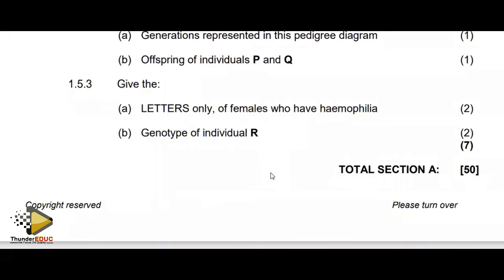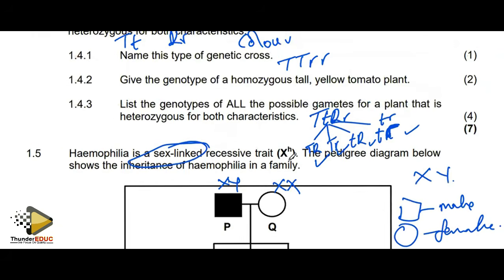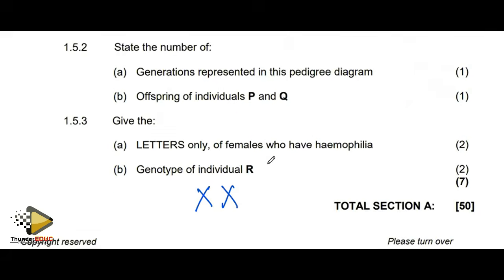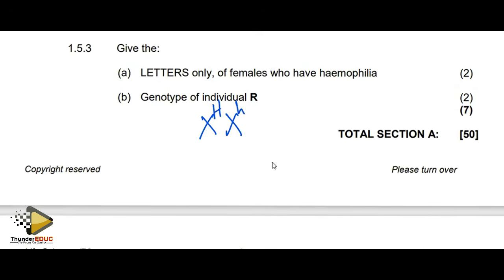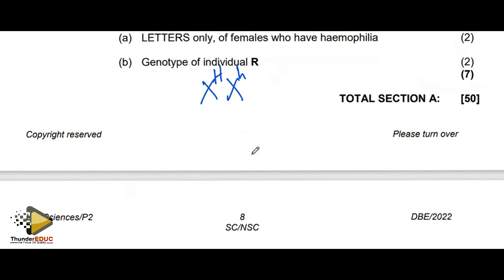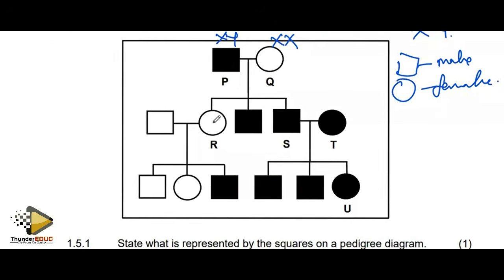Since it is sex-linked, I'm going to start with X and X because it is a female. Hemophilia is caused by a recessive allele which is on the X chromosome. So for normal it's capital H, and then small h, because this person is heterozygous, a carrier who carries this recessive.